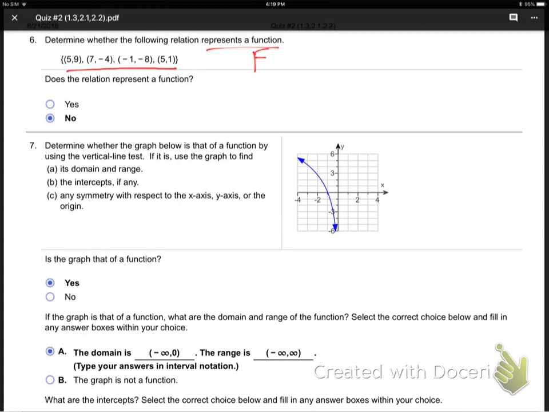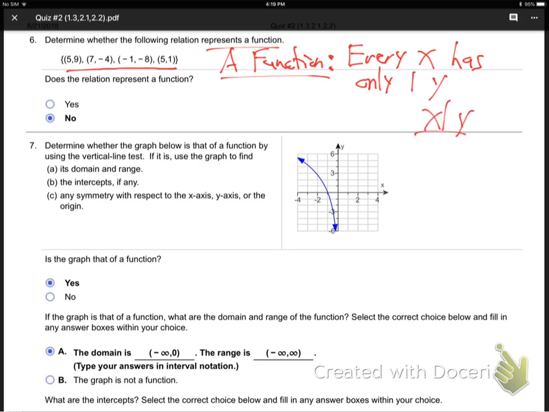Well, remember, for a function, every x has only one y. So if you could write it vertically, maybe that would help. I'll write x and y.